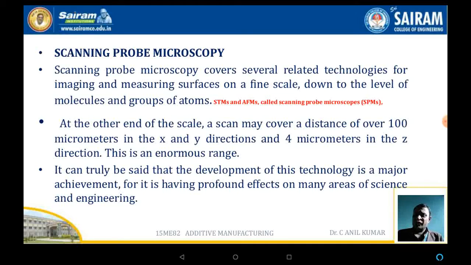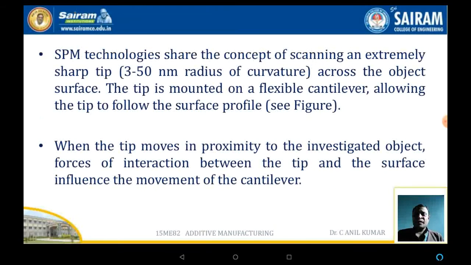It is truly said that the development of this technology is a major achievement, having a profound effect on many areas of science and engineering. SPM technology shares the concept of scanning, and extremely sharp images can be obtained by a sharp tip. The tip has a diameter of 3 nanometers to a 50 nanometer radius of curvature across the object surface.